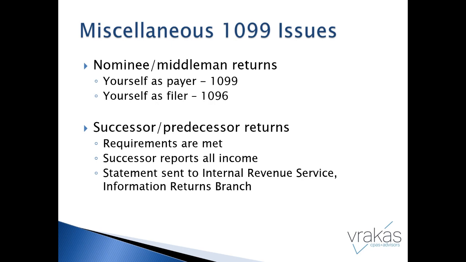So there are specific rules there. But also, if you purchase a company or another company buys you, there are some predecessor, successor rules. There's specific rules and information that the IRS needs to know so that they can match everything up, so that you avoid notices there as well.